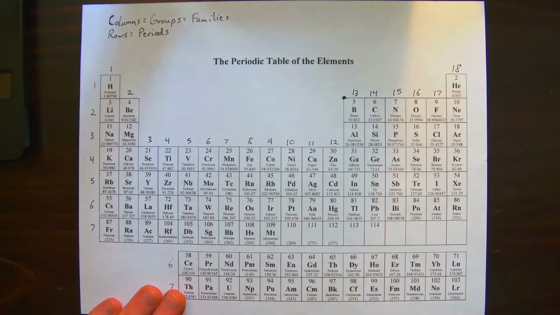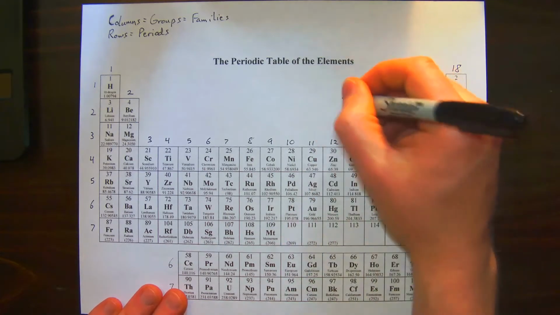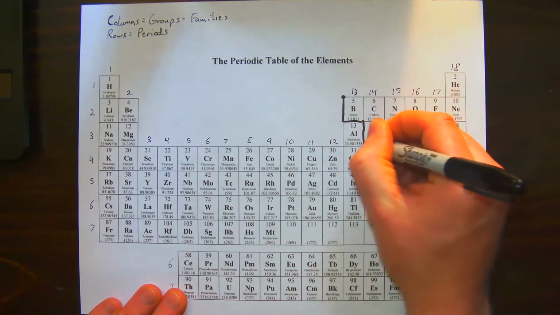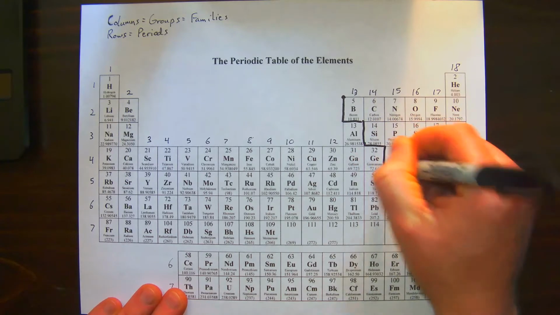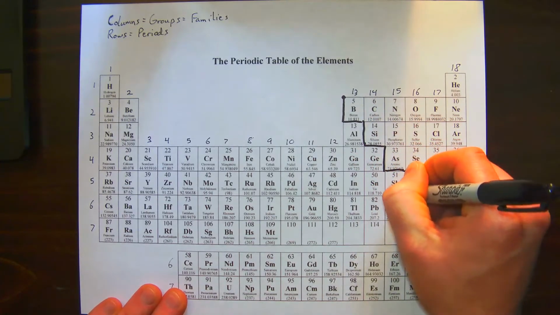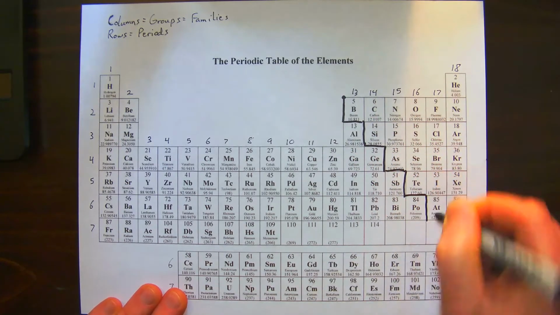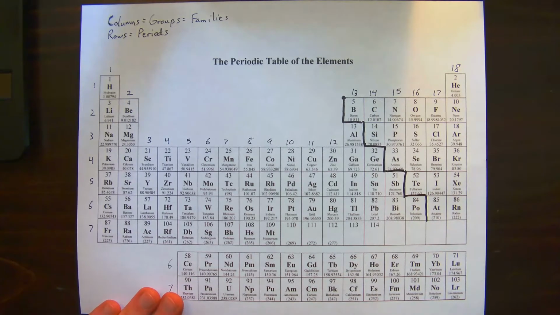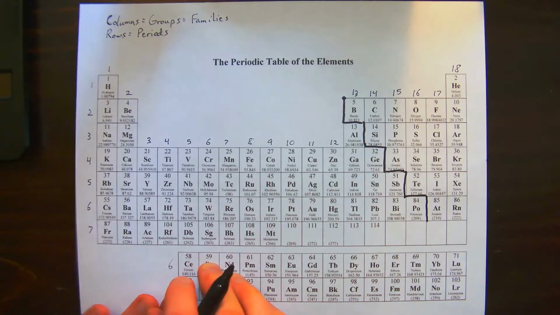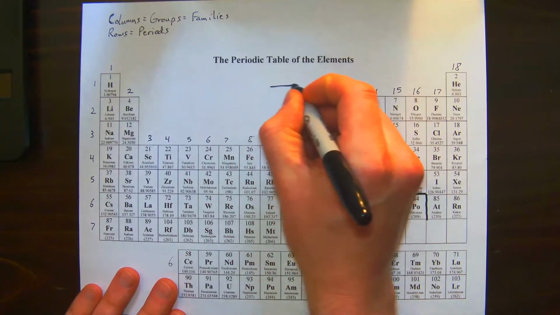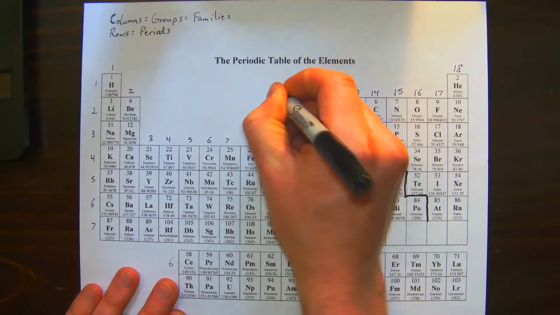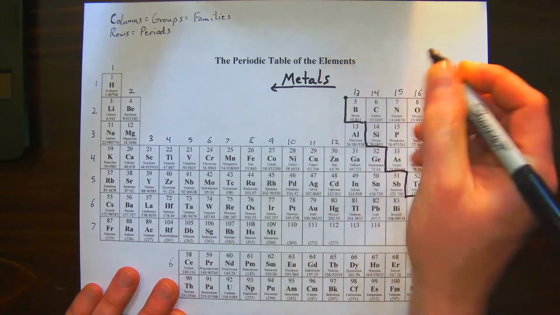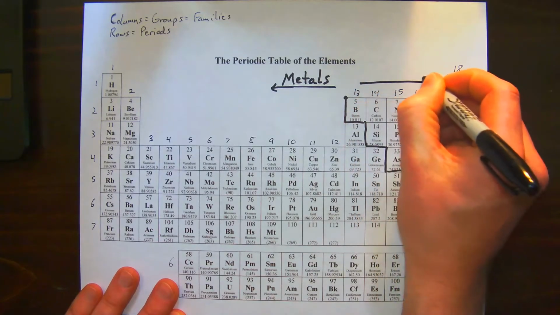Starting in this corner, the upper left corner of boron, you're going to draw a line down and then to the right, down and then to the right, all the way down to the ground floor. Happy little staircase. Basically, everything to the left of this are the metals, and everything to the right are the nonmetals.